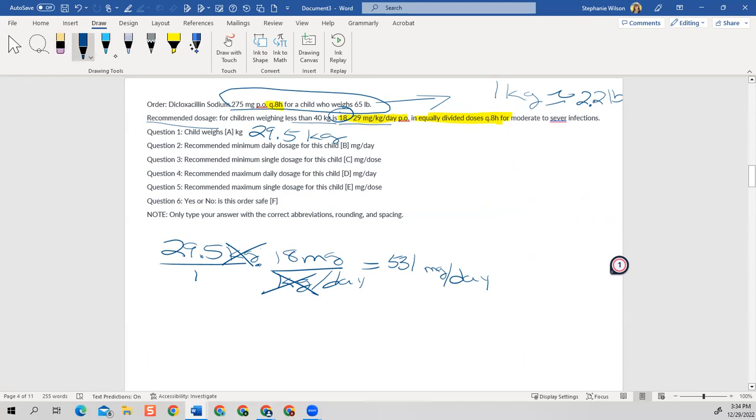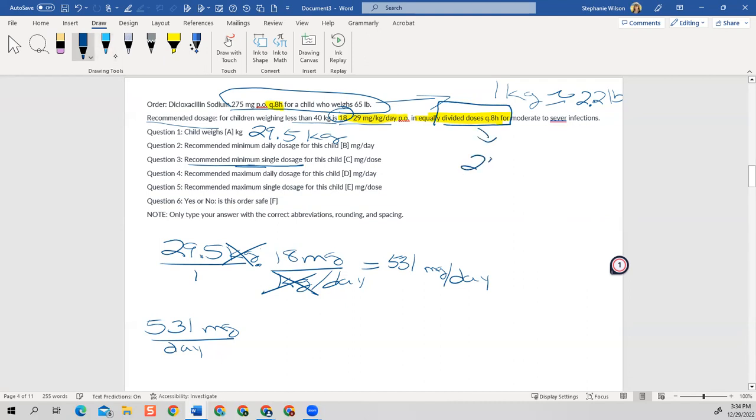Now, part 3 says, well, how much will they take in a single dose based upon the minimum recommendation? So we're going to take that 531 milligrams per day. And I'm going to come up here and I notice it said equally divided doses every 8 hours. So let's talk about this right quick.